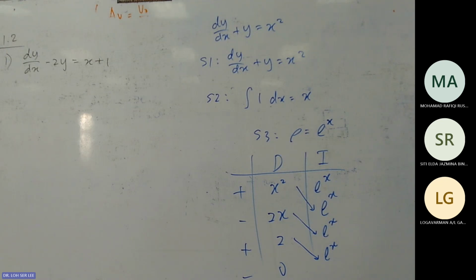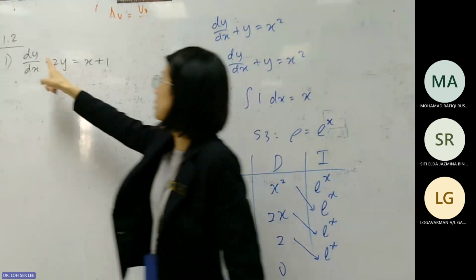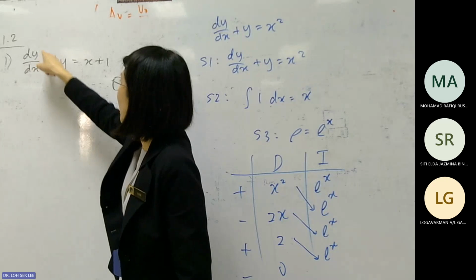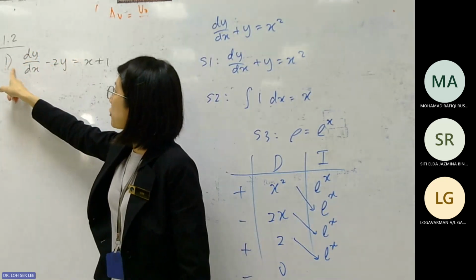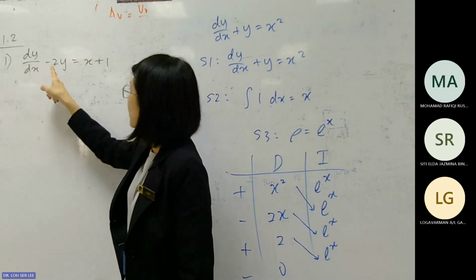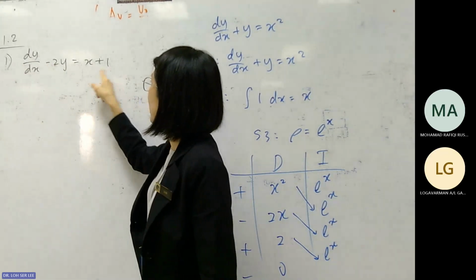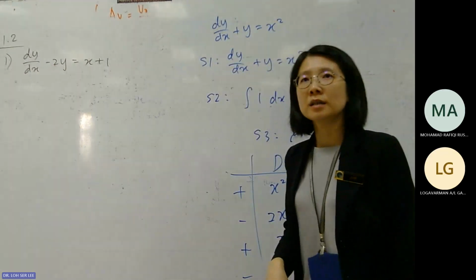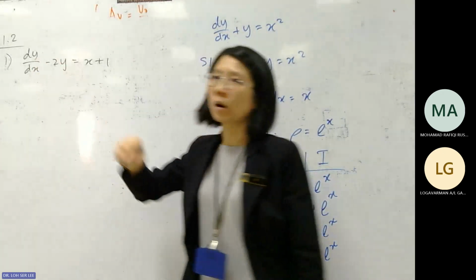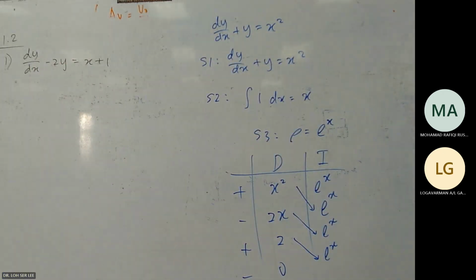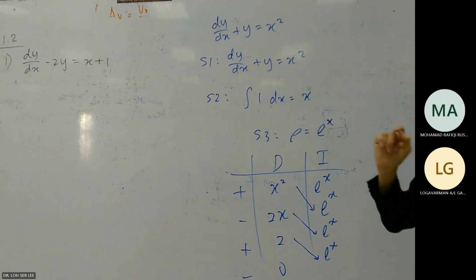This is linear because the derivative is degree of 1, y also degree of 1. And the coefficient functions, this is constant, this is constant, this is a function in x. So the coefficient functions can be in x or constants. So this is linear.